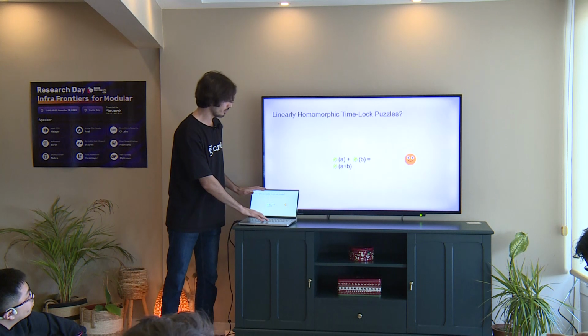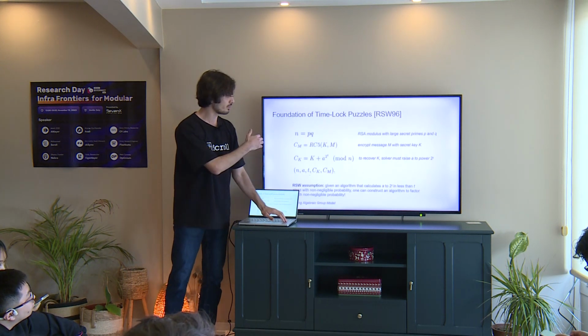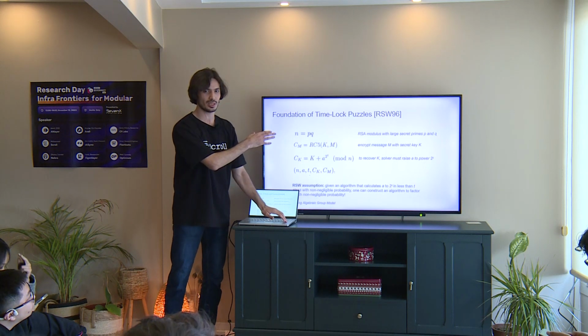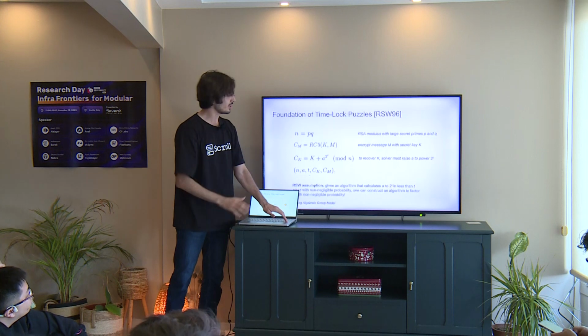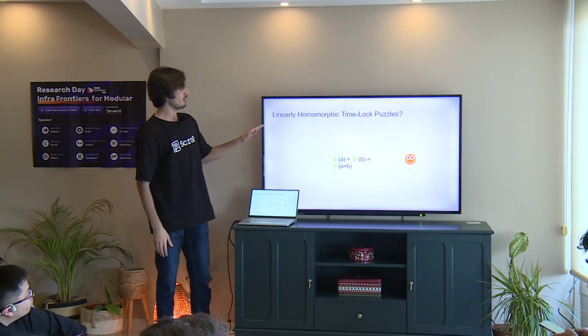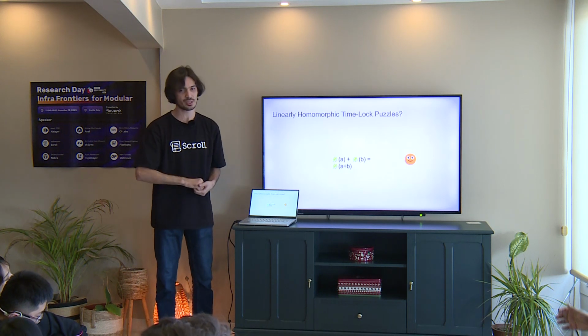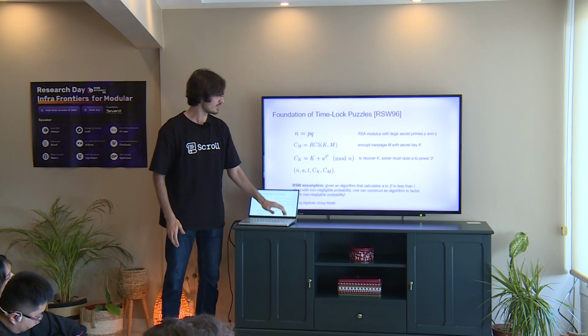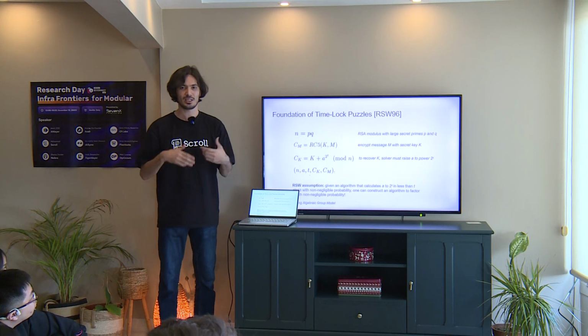Okay, so what I want to do now, this is not what we're doing. What we want to do is something similar to this. I just wanted to show you that time-lock puzzles are not that complicated. What I really need is a linearly homomorphic time-lock puzzle. The construction I showed you is not linearly homomorphic. The reason is if I sum up two different CMs, they are not homomorphic.